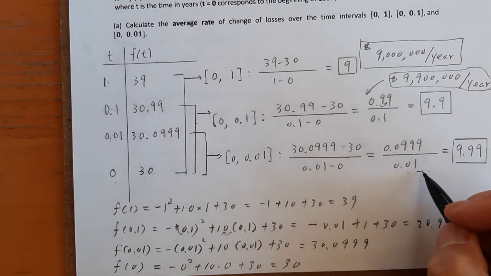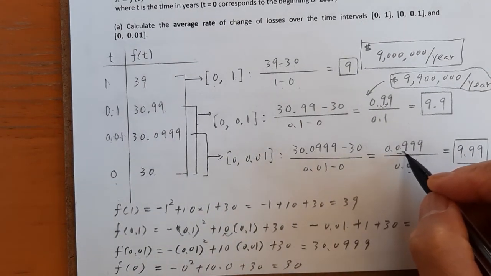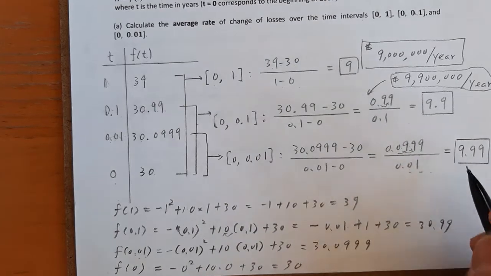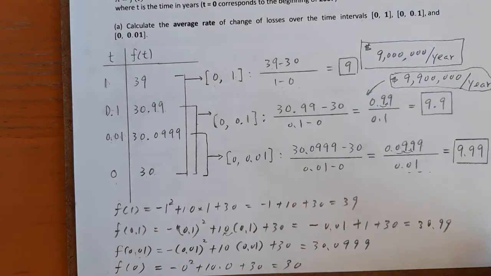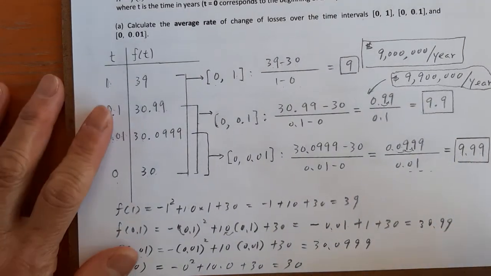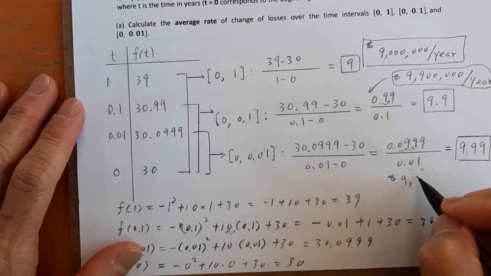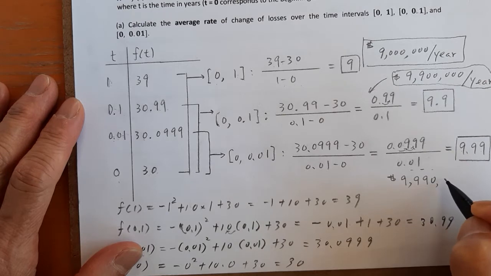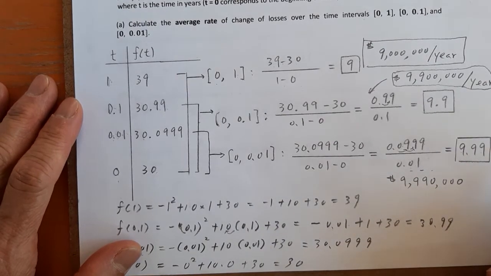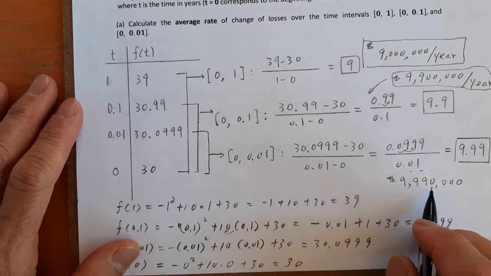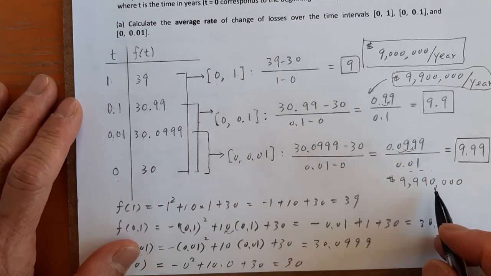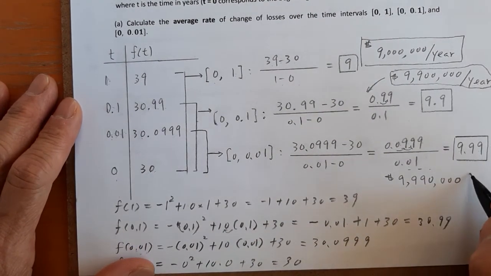Move the decimal point to the right 2 positions and get 9.99. So the answer is 9,990,000 per year.